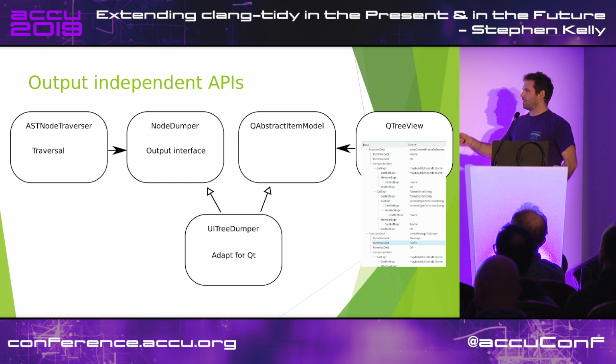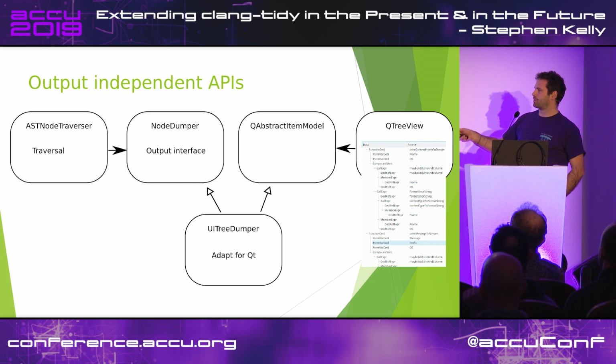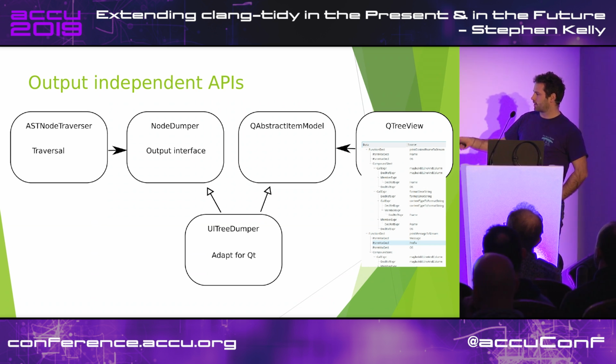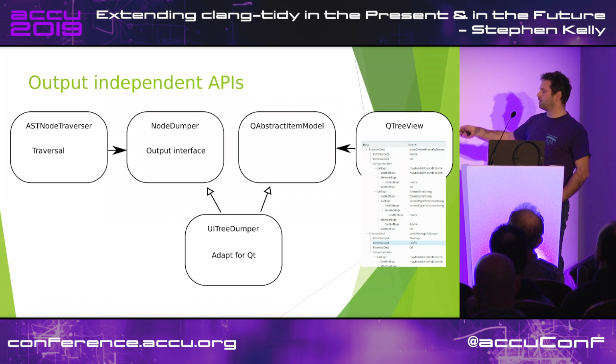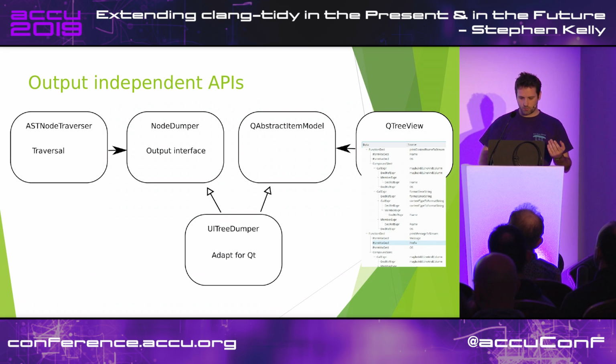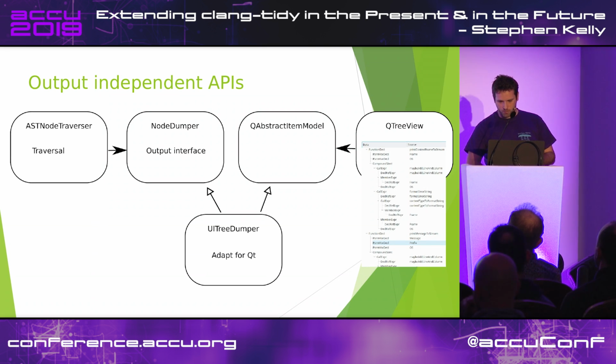So once I have this generic tree traversal interface, all I have to do is implement a class which implements the node dumper interface and implements QAbstractItemModel, and then I can put the Clang AST into a QTreeView. So that enables UI tools for processing the Clang AST.